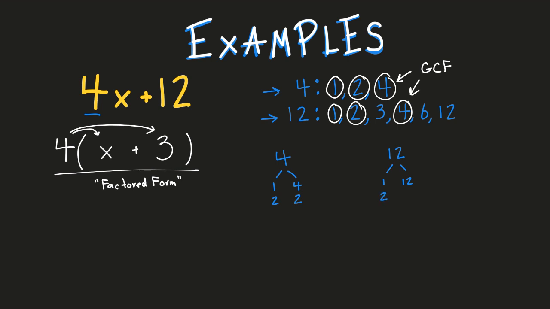I can do 2 times 6. I can do 3 times 4. And in fact, doing it this way, we'll also be able to see all of those common numbers. We see 1 in there, we see 2 in there, and we see 4 in there. This is another way to think about it. These are just using what we call factor pairs.